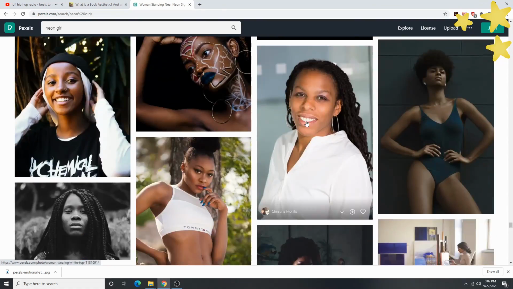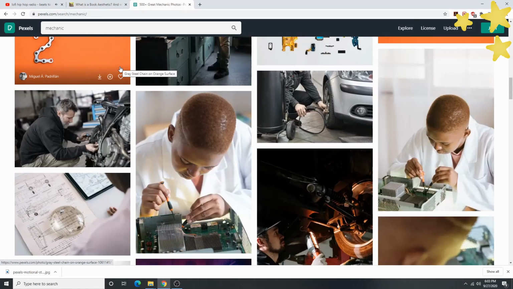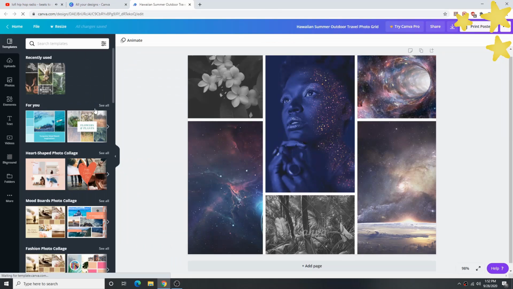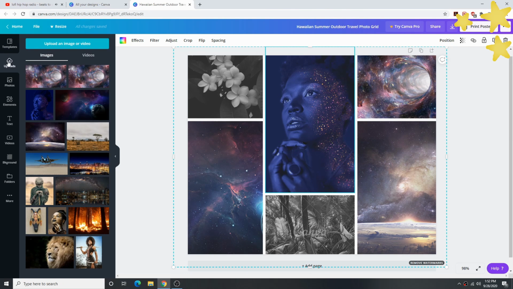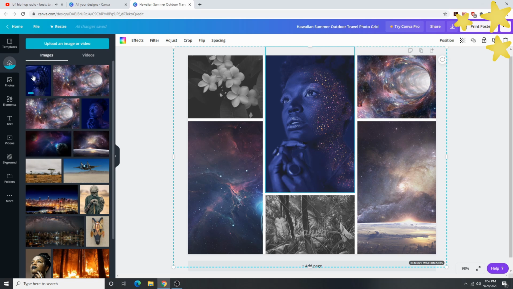While going through some of these pictures, I was thinking about how great they would be for other book aesthetic genres. I was about to give up finding an image to represent my protagonist until I came across a series of photos of black women in blue filtered light.